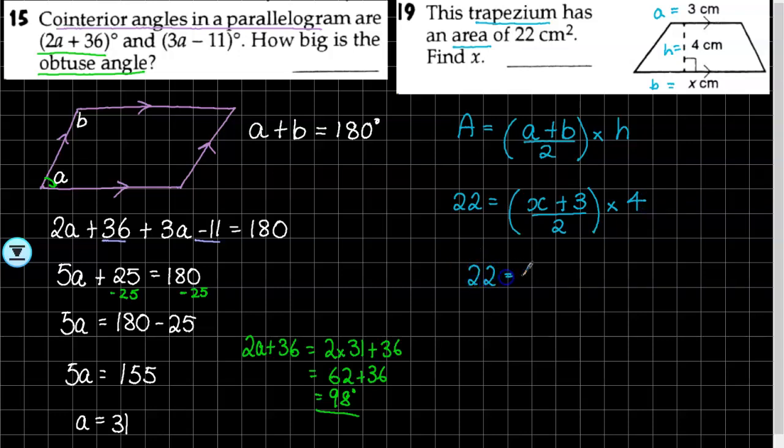Now again, you can do a whole lot of stuff here. This is the same as x plus 3 all over 2 times 4. And so to make my life a little bit easier, I'm going to say, well, 2 goes into 4 twice. So now I've got, and you might not have to write this line, x plus 3 times 2, that's the same as 2 times x plus 3.